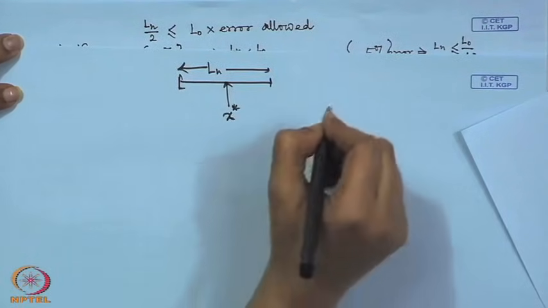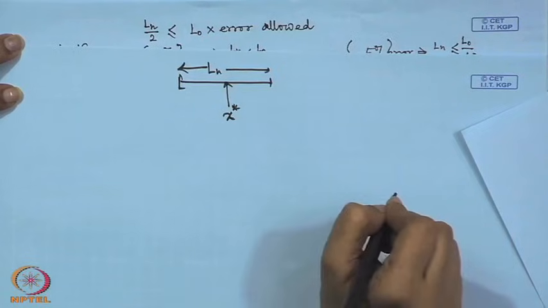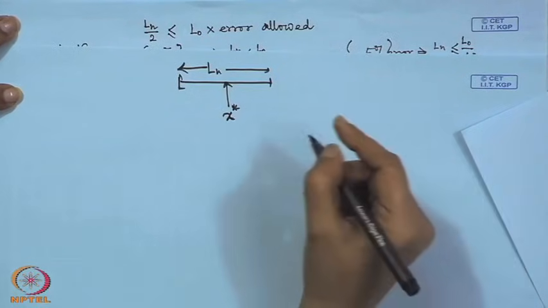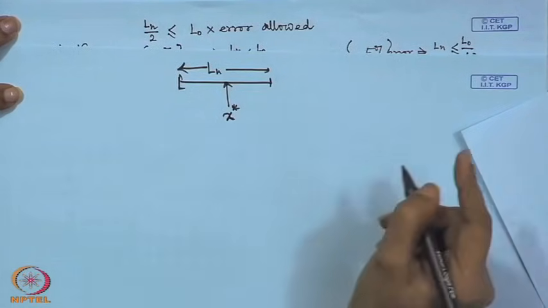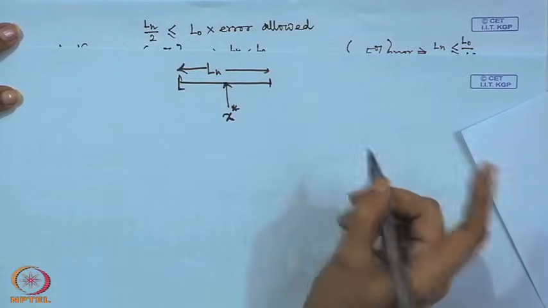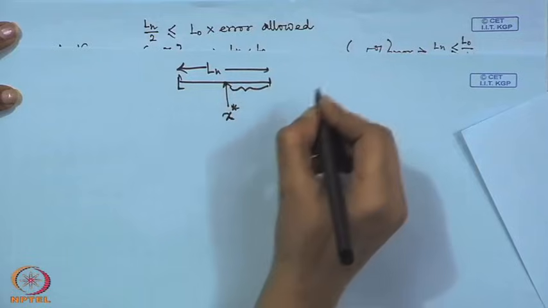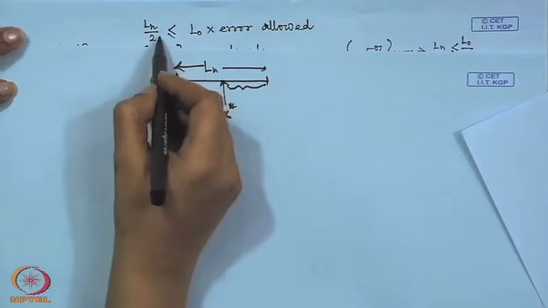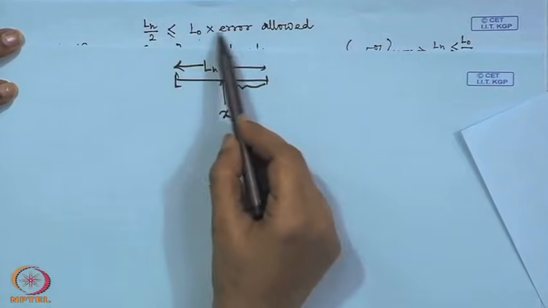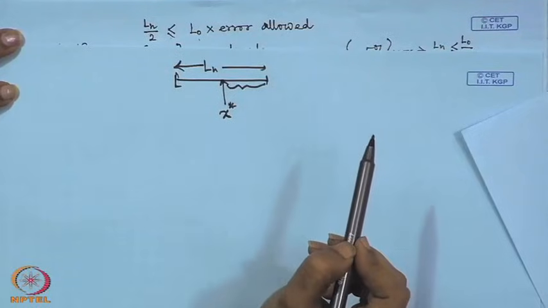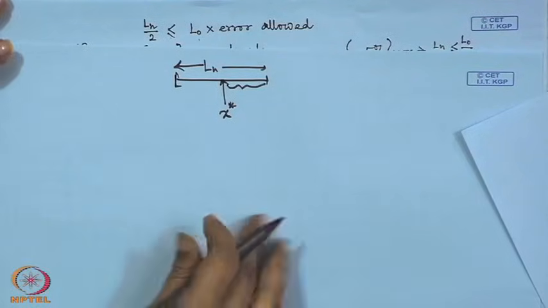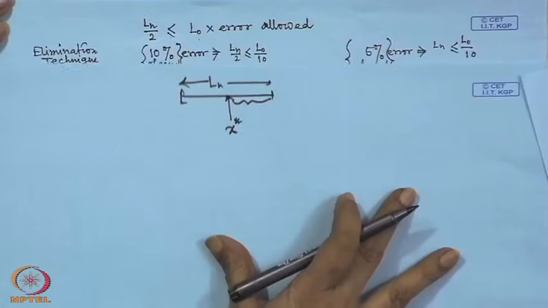That is why if I want to have 10% of the exact value, rather 10% of the initial interval of uncertainty, then Ln by 2 must be less than or equal to L naught into the error we are allowing. This is the calculation we are just doing.